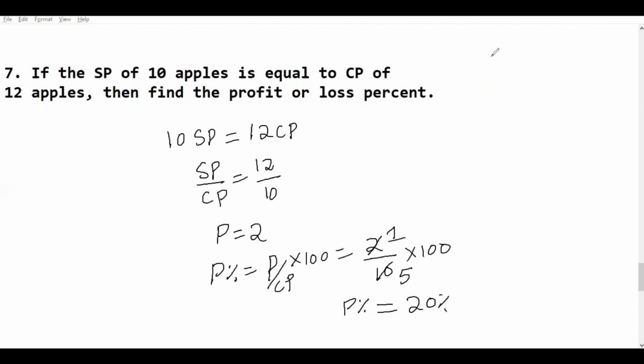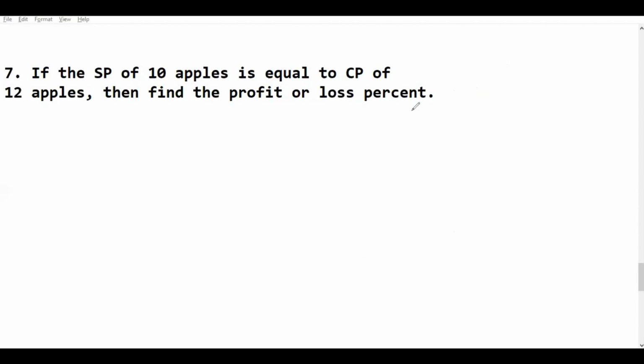Then how to solve this particular question? The moment you read 10 SP equals 12 CP, it means there are total 12 apples.